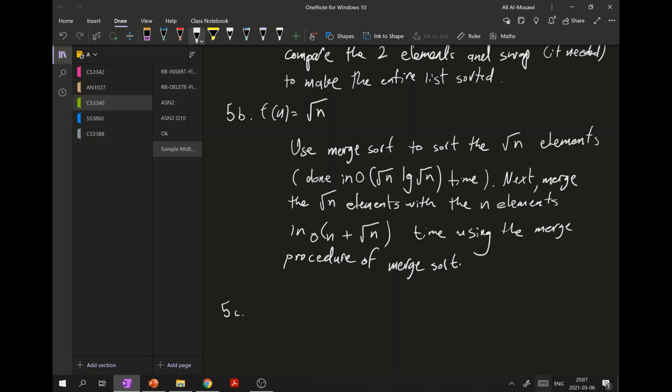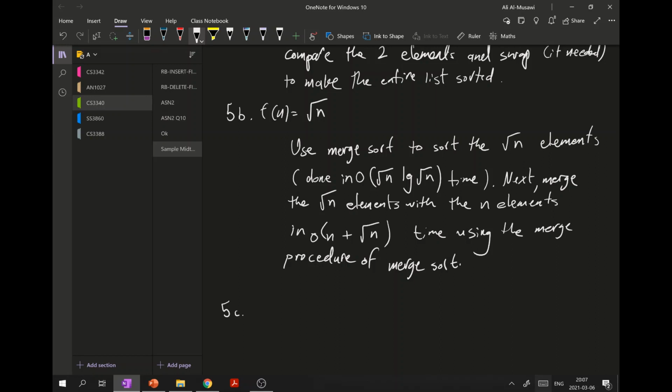First of all, notice that log of root n is the same as log of n to the half. The half comes out, you have root n log n, and actually log n is lower than root n, so this is just big O root n. So the sort is big O root n times root n, which is big O n. The sort can be done in linear time. And we know root n is less than n, so the merge is linear time. So all of this work can be done in linear time.